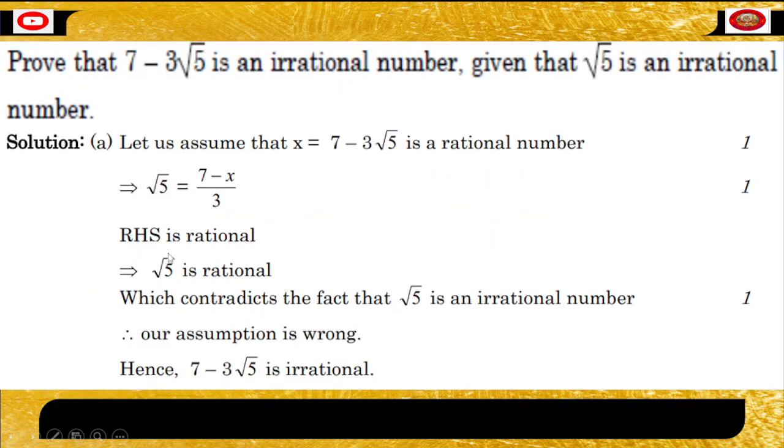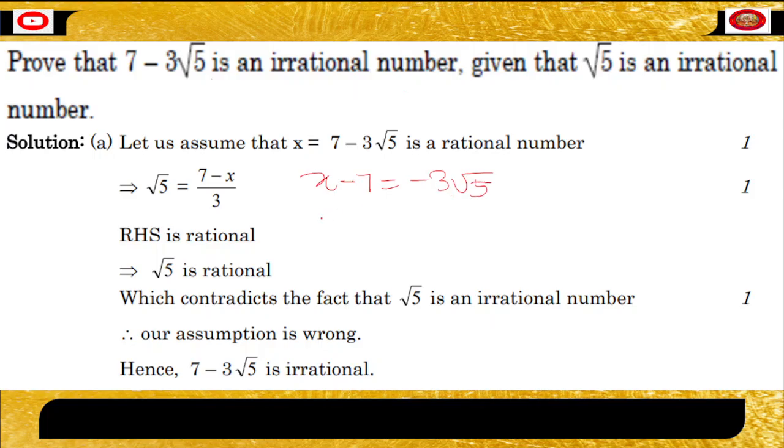Prove that 7 minus 3 root 5 is an irrational number. Given that root 5 is an irrational number, let us assume that x equal to 7 minus 3 root 5 is a rational number. That means x minus 7 is equal to minus 3 root 5.